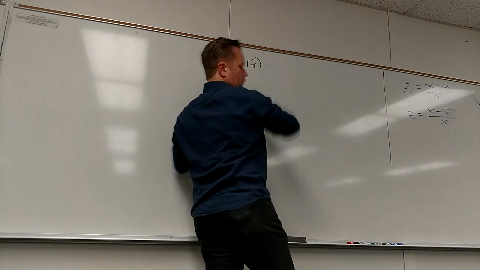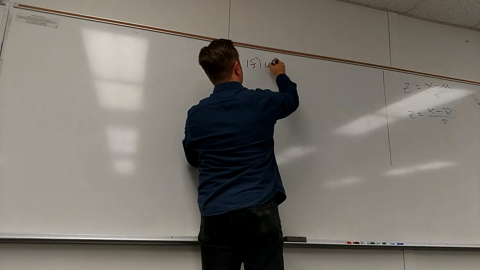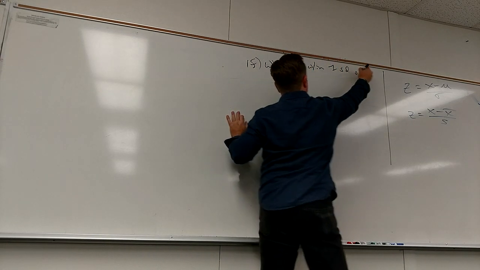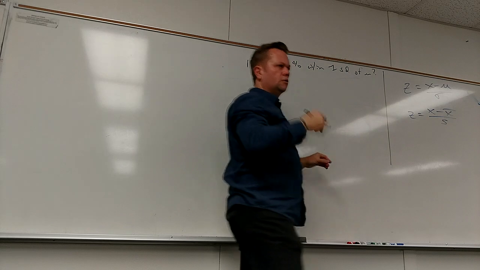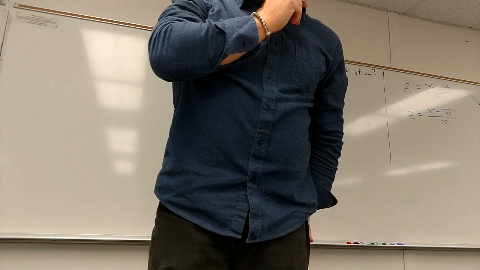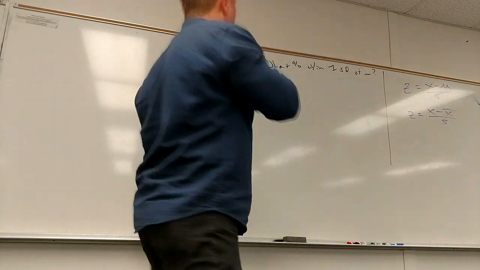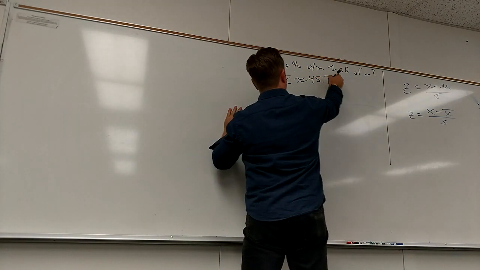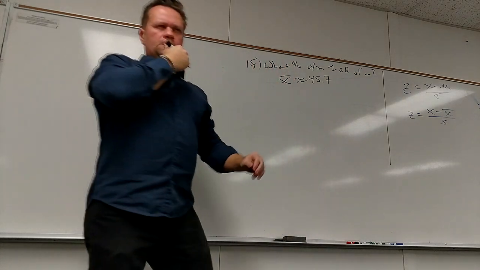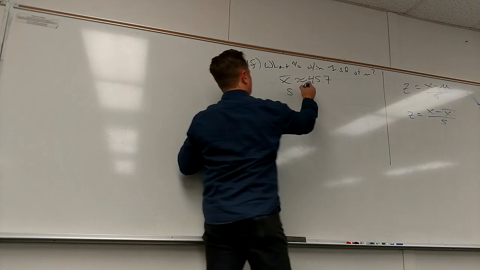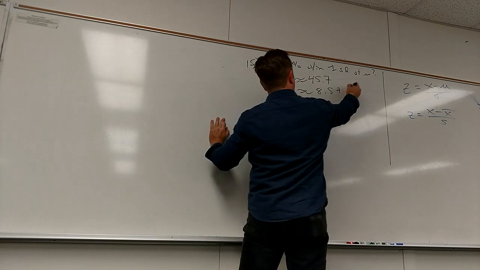So 1F says what percentage is within one standard deviation of the mean, right? What did you get for the mean? And what did you get for the standard deviation? Cool.